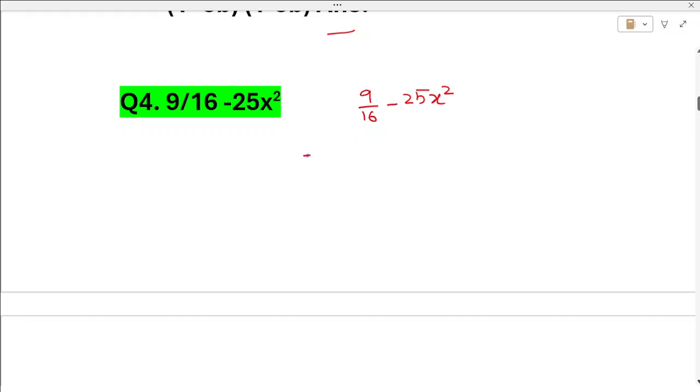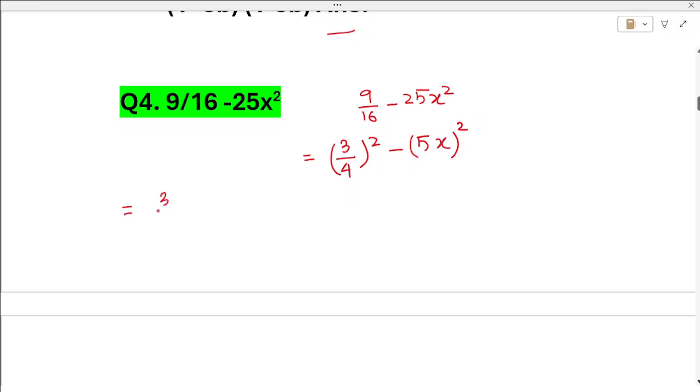If you express it as the square of some number, 9 by 16 can be expressed as the square of 3 upon 4, and 25x square can be expressed as 5x whole square.